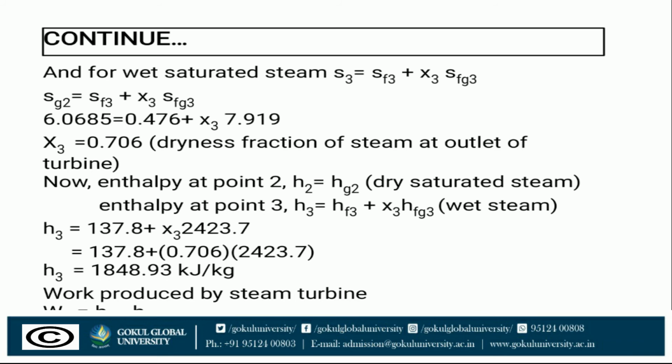Therefore, H3 is equal to 1848.93 kilojoule per kg. Work produced by the steam turbine, WT, is equal to H2 minus H3. Putting in H2 as 2800.3 minus H3 as 1848.93, we get 951.37 kilojoule per kg.